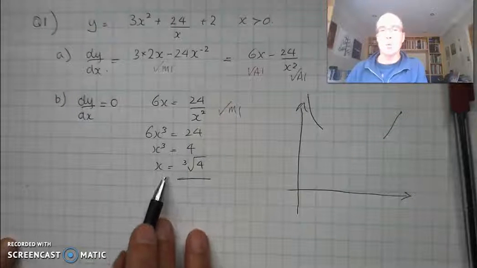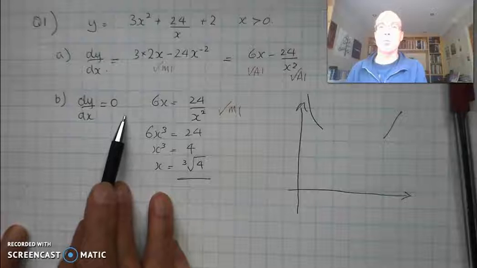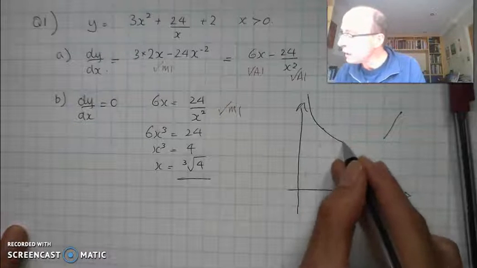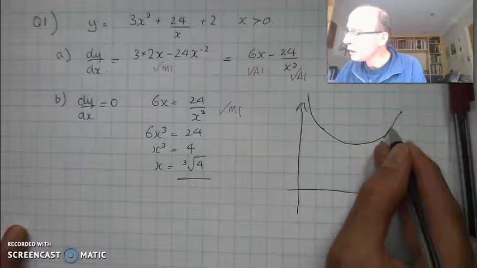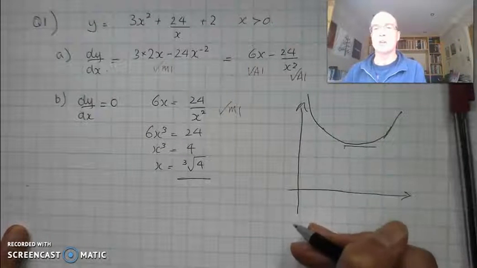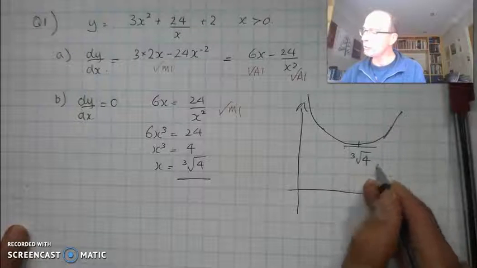Now I've only got one solution for dy by dx equals 0, so only one point where my curve is going to be horizontal. So it must look something like a quadratic. There's one point where this is horizontal, at my point, the cube root of 4.